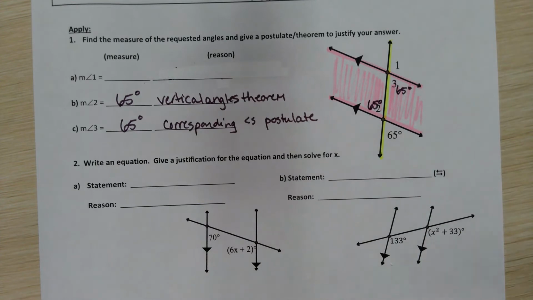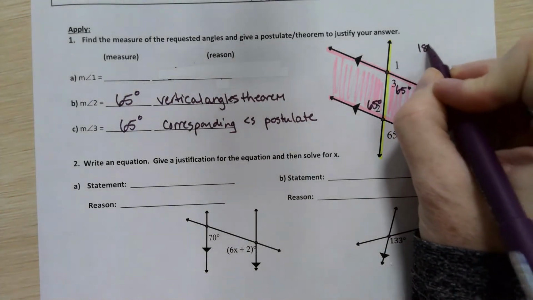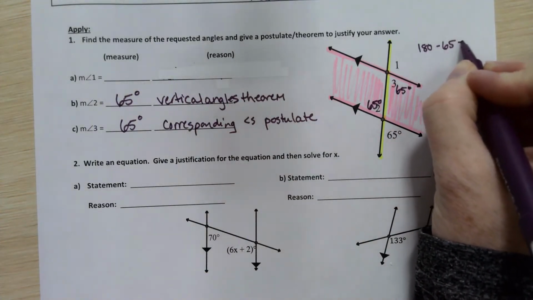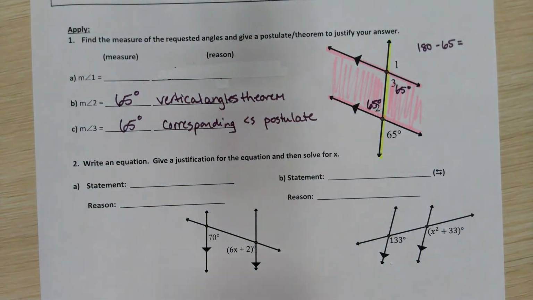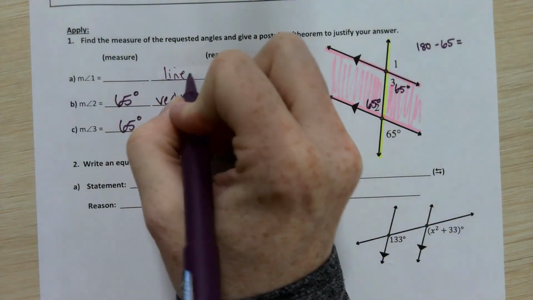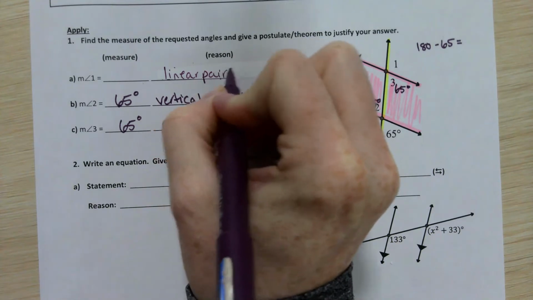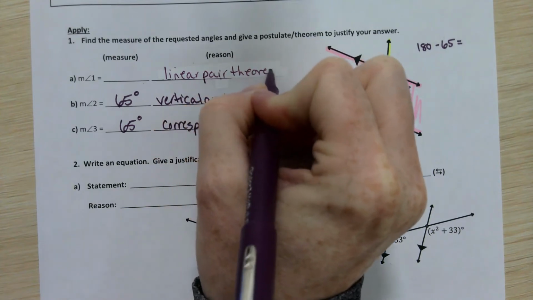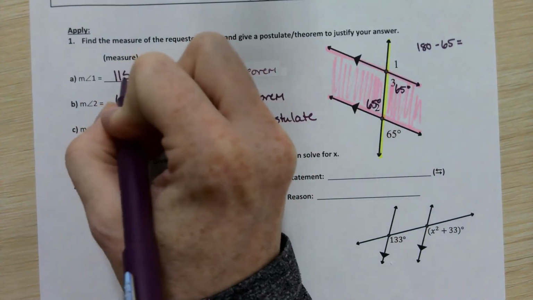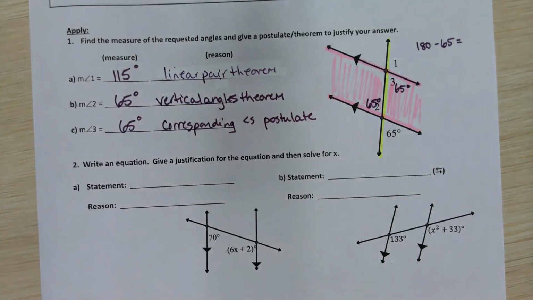It's just two little linear pair angles sitting there next to each other. So back from standard 2, we know that linear pair angles add up to be 180 degrees. So we can do a quick subtraction using our linear pair theorem, and we'll be able to figure out now that our measure of angle 1 is 115 degrees.